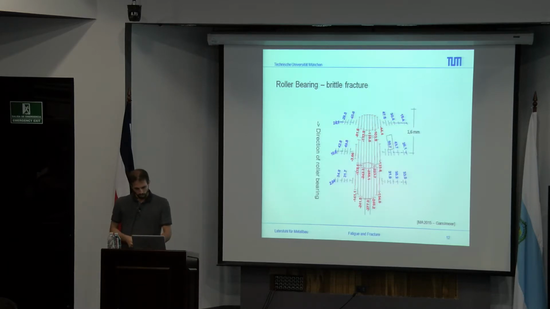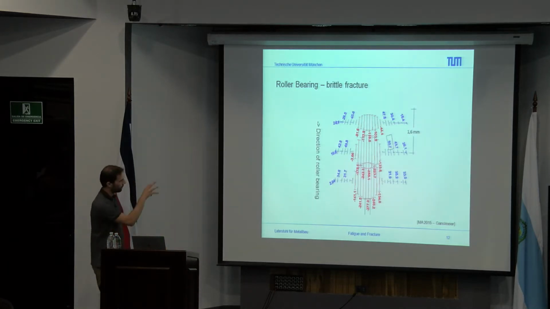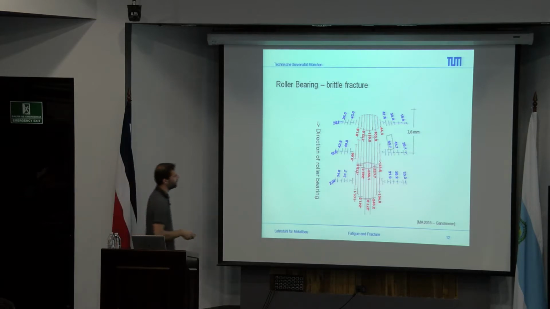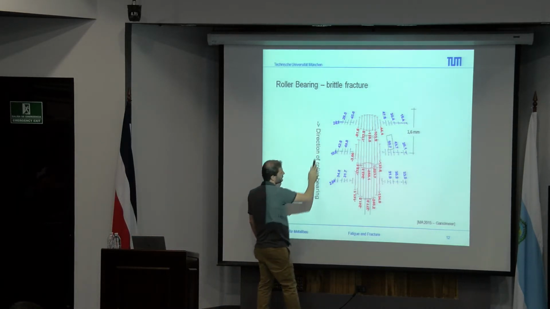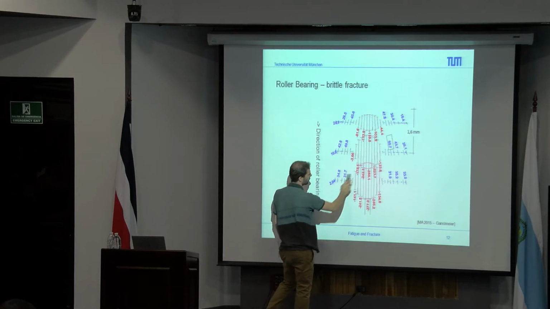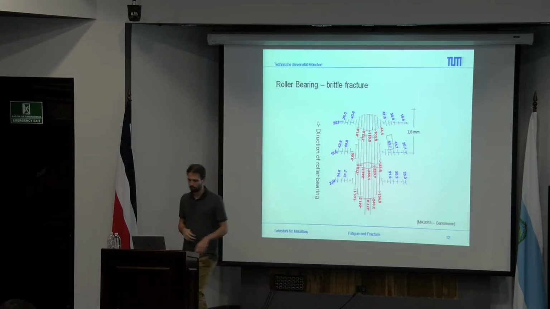So this is some specific view. You can see here the ending of our roller bearing, and here we have our direction. There's still some tension and pressure inside.